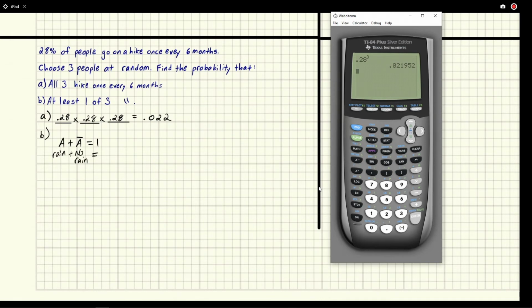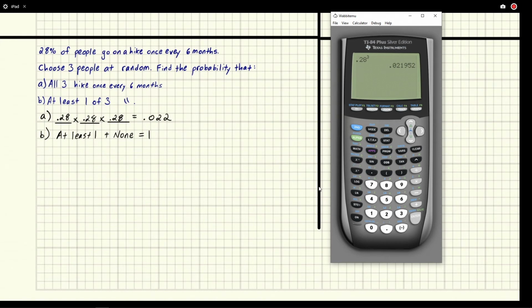Well, it either rains or it doesn't rain. That's 100% or 1. So the event at least one, plus the probability that none occurs, is equal to 100%, because none is the one thing that isn't in this already. That's why we did that whole side spiel.